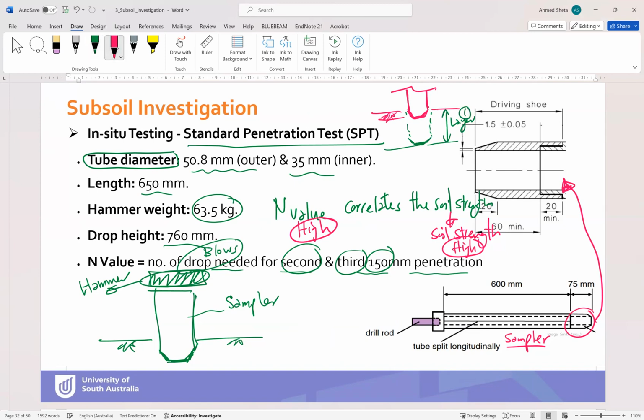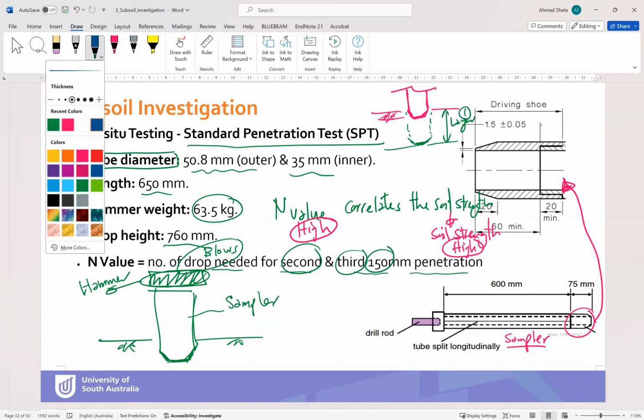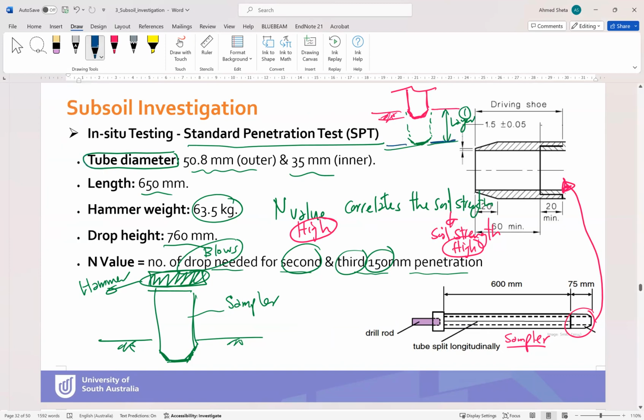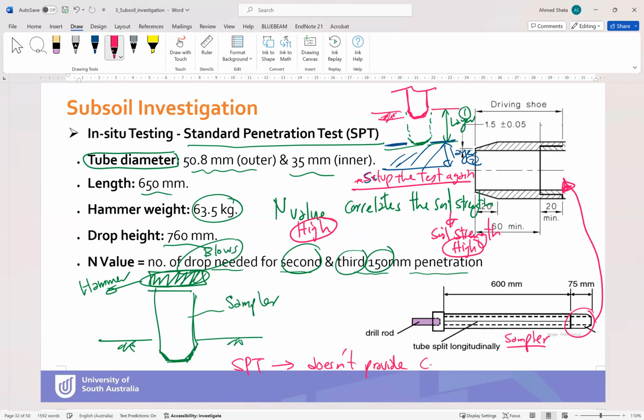If you want to penetrate the second layer, because you know the soil is not only one layer, so if we have another layer here, layer 2, you need to set up the test again. So this means that the SPT test doesn't provide continuous data of the soil layers, but you need to stop and set up the test again for each layer.